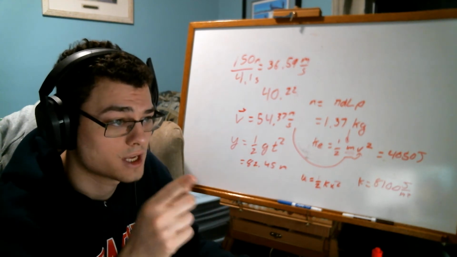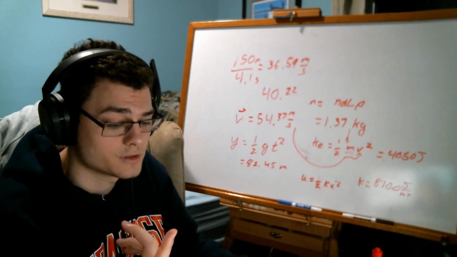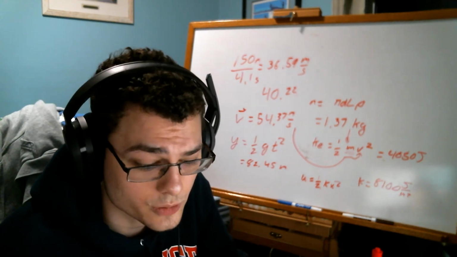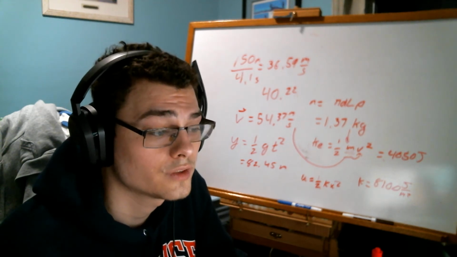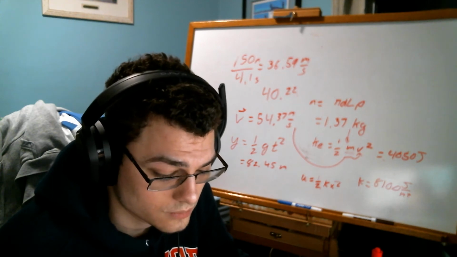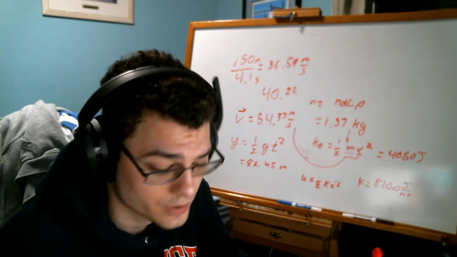So you have 7.5 times 2 is 15, divided by the time squared, and that ends up giving you about 188.6 meters per second squared, which is fairly large. Yeah, because that's a very small time interval.